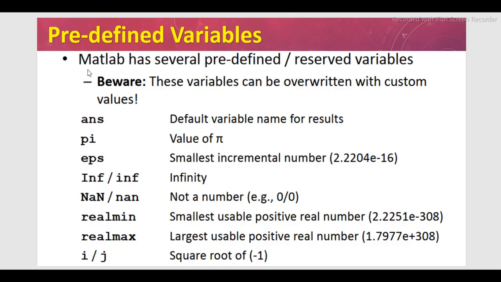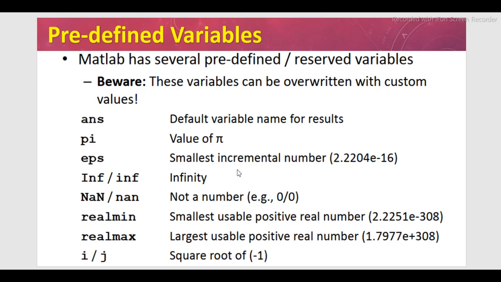In the next slide, predefined variables. What is a predefined variable? MATLAB has several predefined or reserved variables. These variables can be overwritten with custom values, and ans is the default variable name for results. Pi, we know the value of pi.